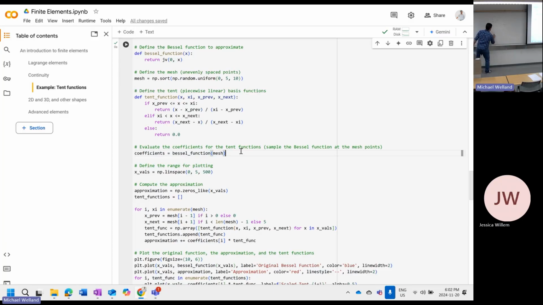Because what you're trying to do is U is the sum of your weights times your shape functions. Almost every single thing goes to zero except for one. U at x3. Super easy to calculate.